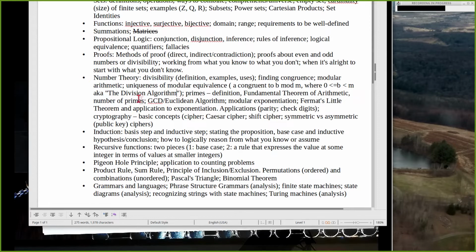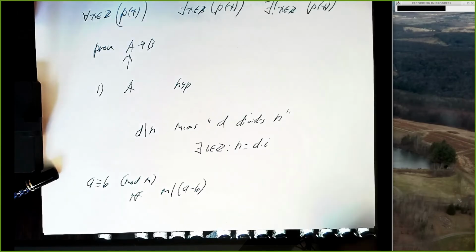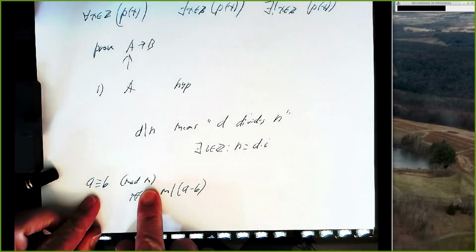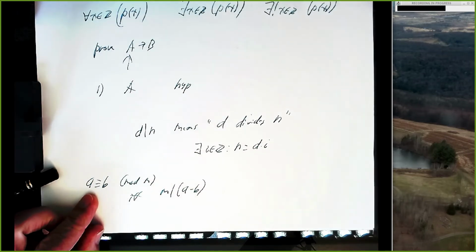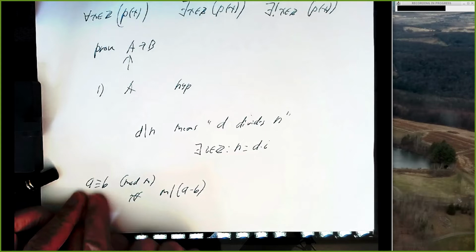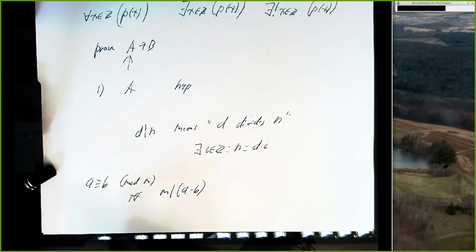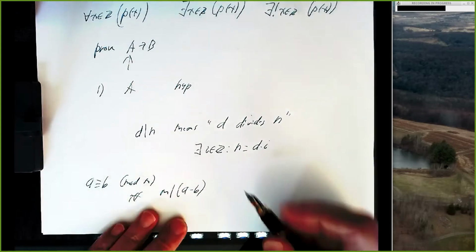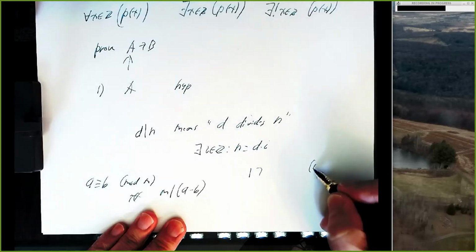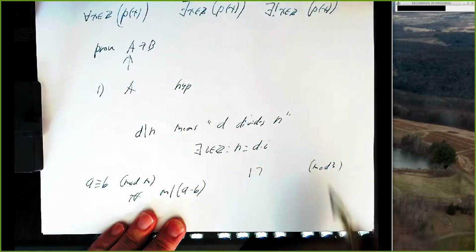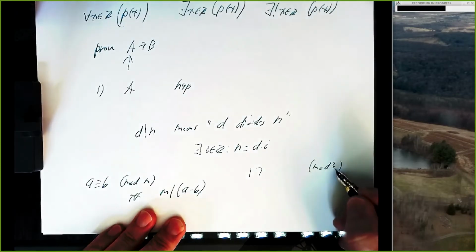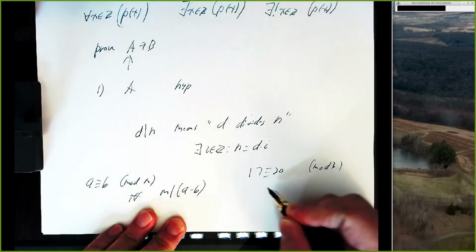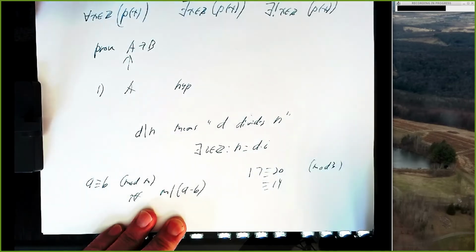But there's this thing called the division algorithm, which says that if we take one number and divide it by another, we can find a unique thing which is congruent to this number. So if I take the number 17 and I work mod 3, I can find lots of things that are congruent to 17 mod 3. It's congruent to 20, it's congruent to 14.